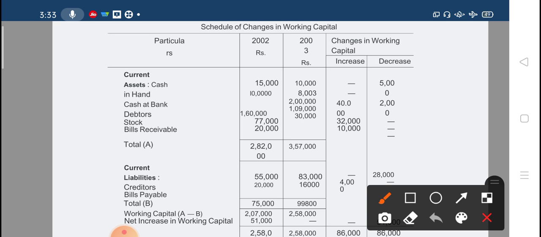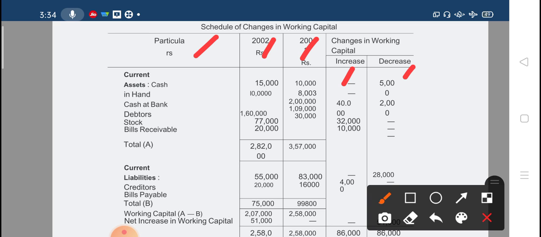One is particulars, second column is previous year amount column, third column is current year's amount column, and the fourth and fifth columns show the changes in amount, which is the increase or decrease in current liabilities or current assets.